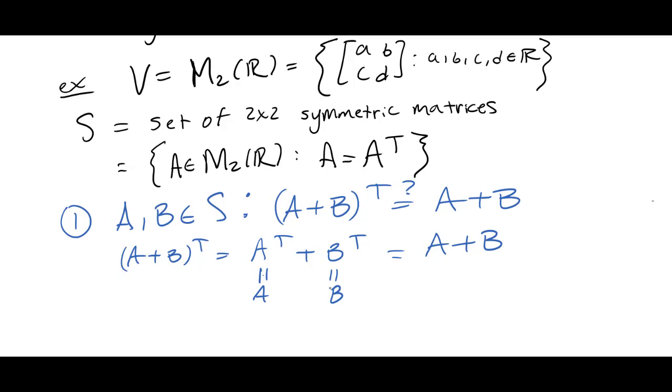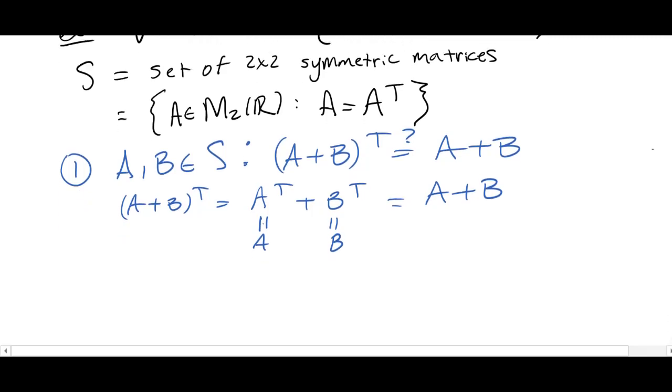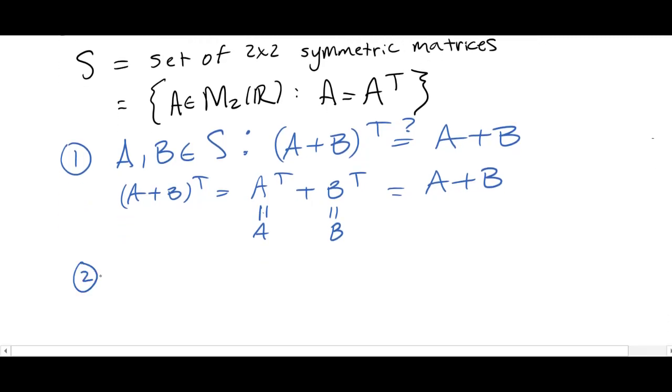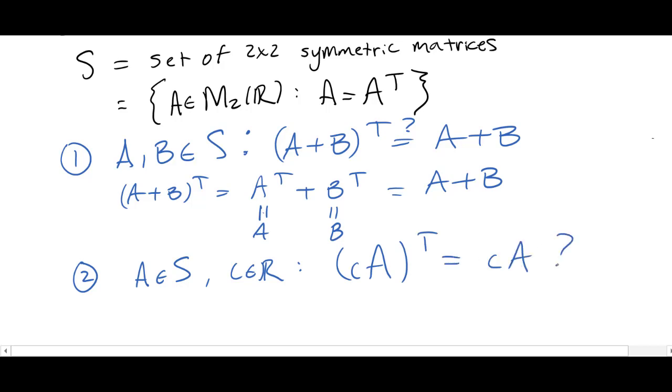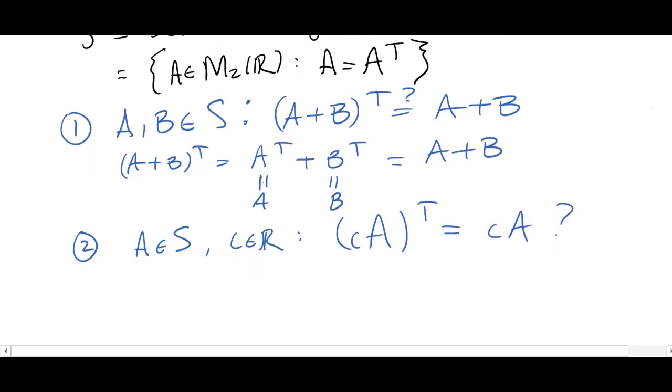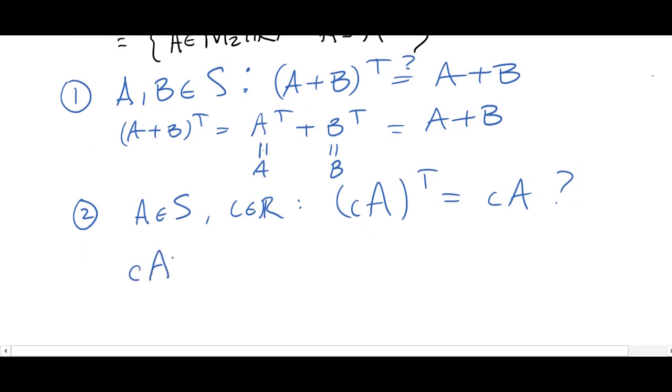Does that make sense? Scalar multiplication. Say A is in S and C is a real number. We need to check, is (CA) transpose equal to CA? Well, that one's probably even easier because (CA) transpose is just C times A transpose.